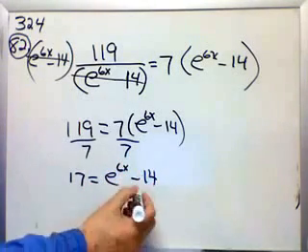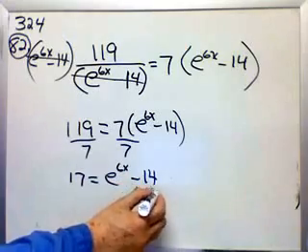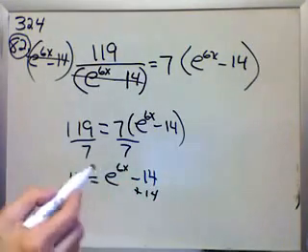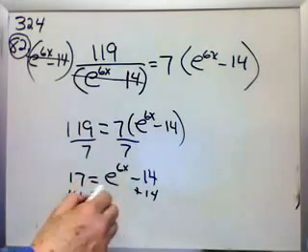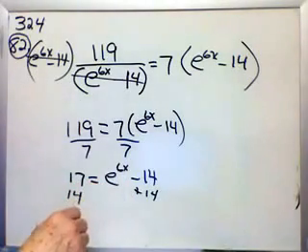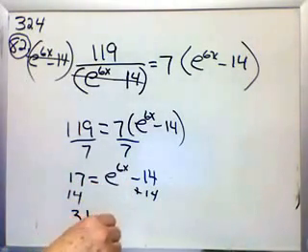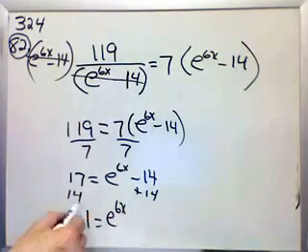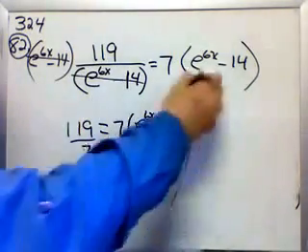Let's use some basic algebra. Add 14 to both sides. Probably by now you know how to finish the problem, right? So 17 plus 14 is 31. 31 equals e to the 6x. So how about take the natural log of both sides? So let's go over here.